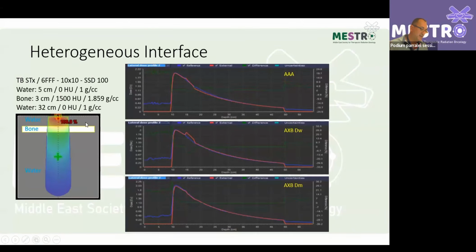Another configuration is to test these algorithms with this geometry: water, bone, and water. The simulation result shows an excellent agreement between Monte Carlo and Acuros dose to medium. As well with AAA, I have an excellent agreement, but not with Acuros dose to water.